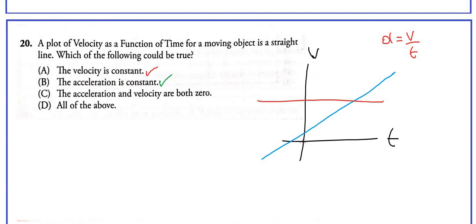And if the line is still a straight line at v equals 0, both velocity and acceleration are 0. So everything is true here, all of the above, because we were not given specific information about how the line is, like a horizontal line. We were given information it's a straight line.